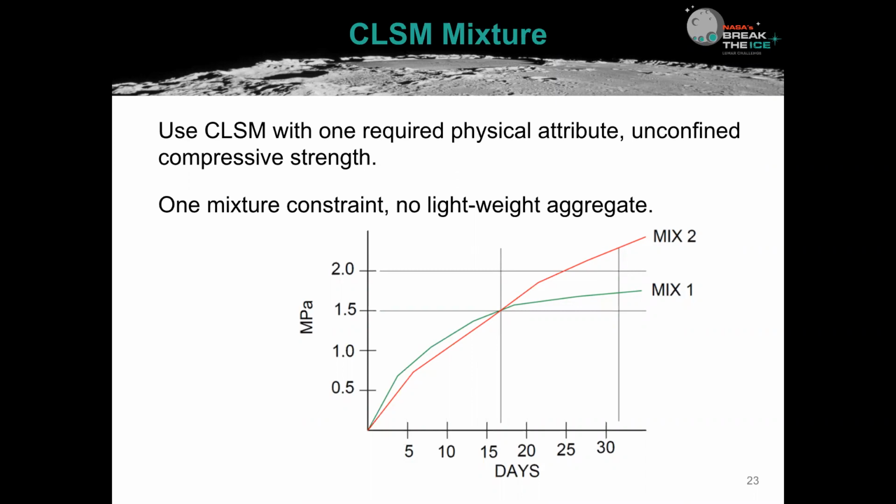At 1.5 MPa, you'll see in Dr. Munchie's presentation coming up, he's at the high end of what's called excavatable CLSM. So it's going to be rugged to extract. It's not going to be something you would necessarily go out with a shovel and be able to dig up, but it's still relatively soft.